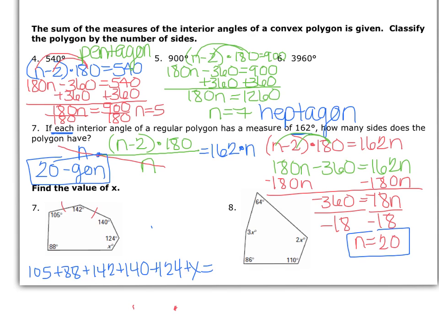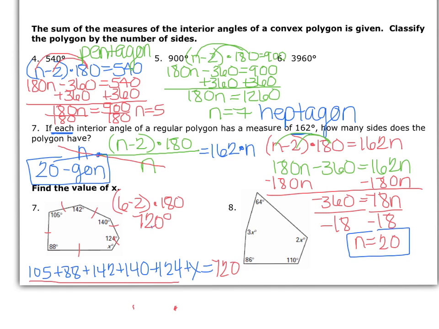So we've got to do that first. We count 1, 2, 3, 4, 5, 6. If it has 6 sides, if I subtract 2 and multiply by 180, I get 720. So that is what I set all of this equal to.